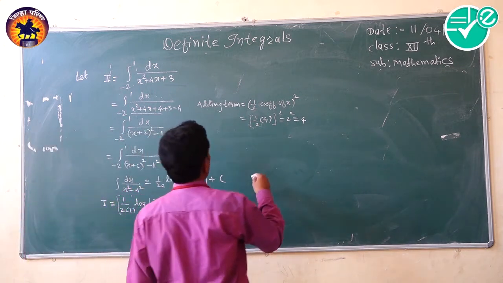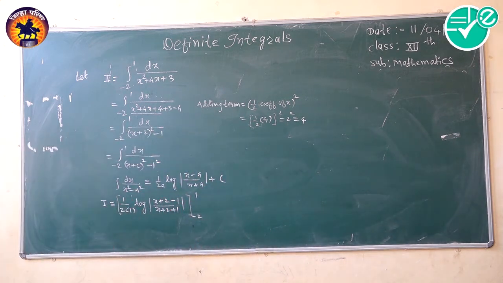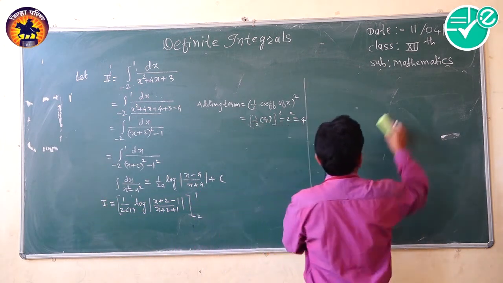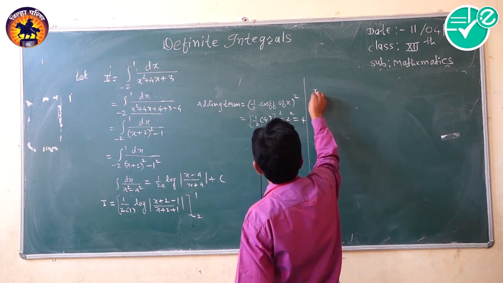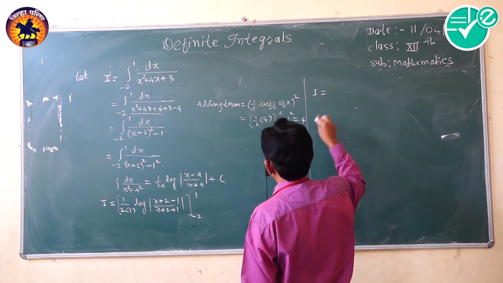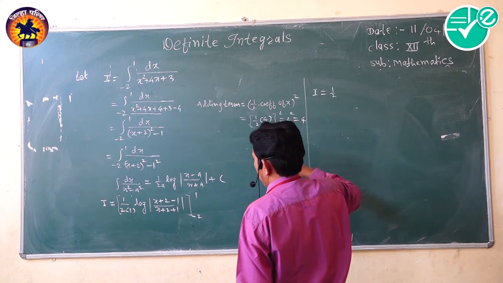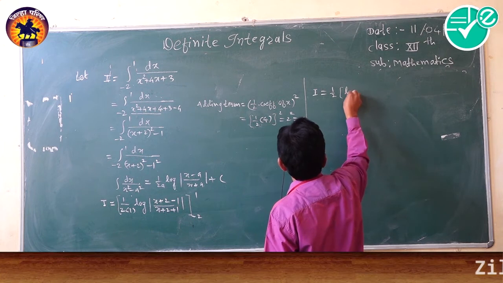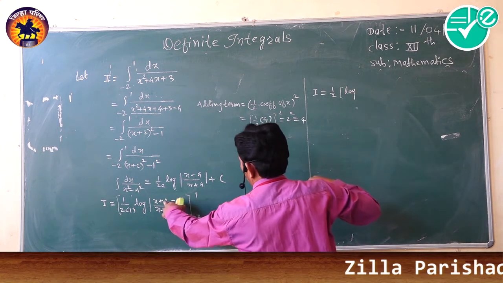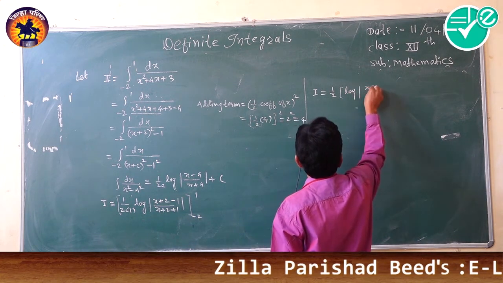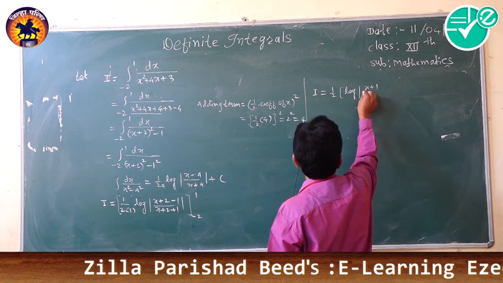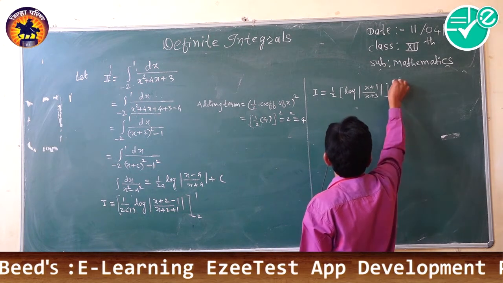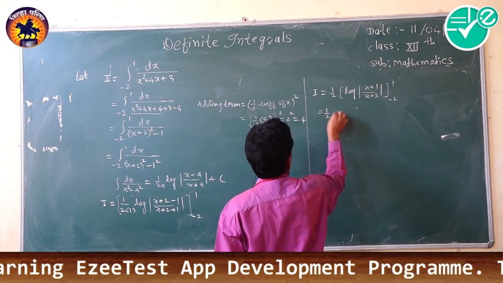Therefore, I is equal to 1 by 2 into, substituting upper limit, log of, or this is nothing but log of x plus 1 divided by x plus 3, limits are minus 2 to plus 1. This is equal to 1 by 2 as it is.